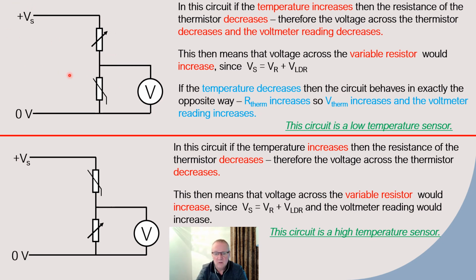So it's a culmination of all of that, and remembering what happens with LDRs and thermistors when either the light or the temperature increases or decreases. So there's a fair bit in there.